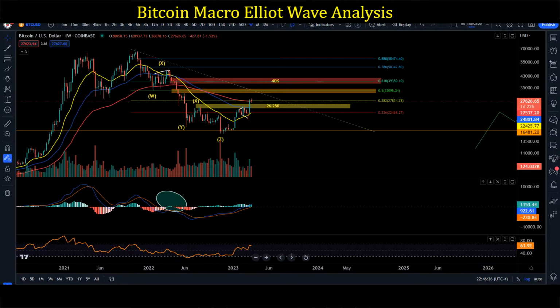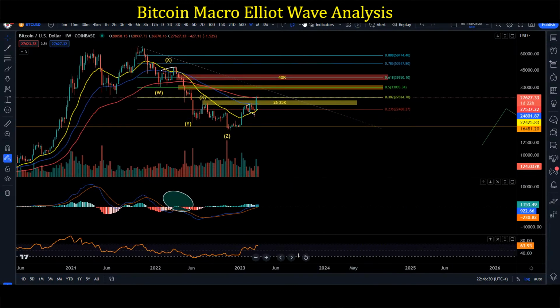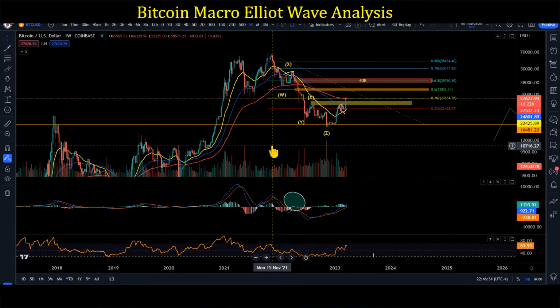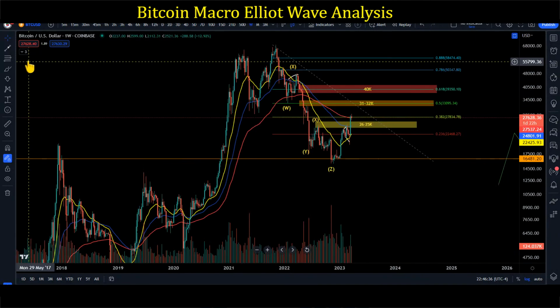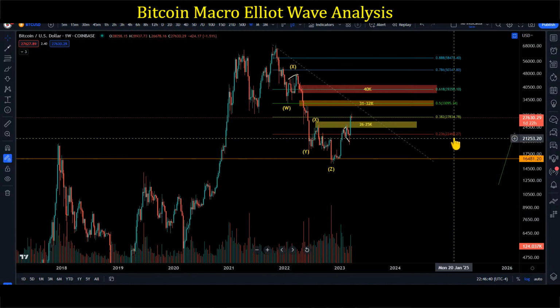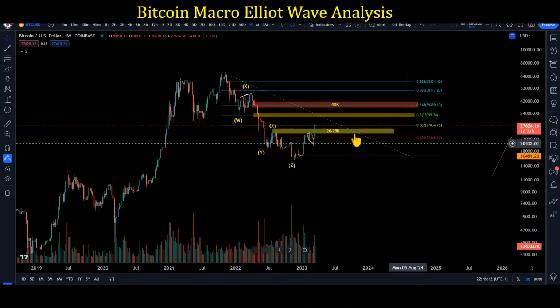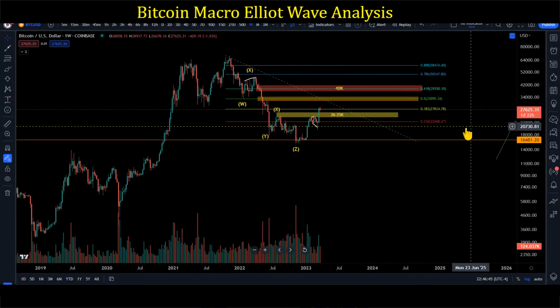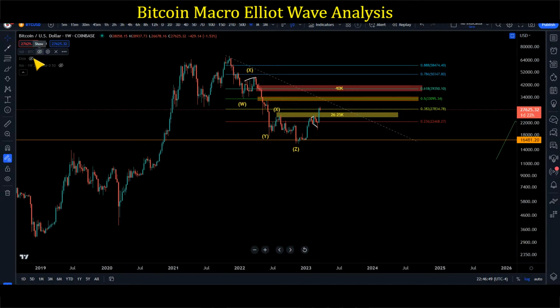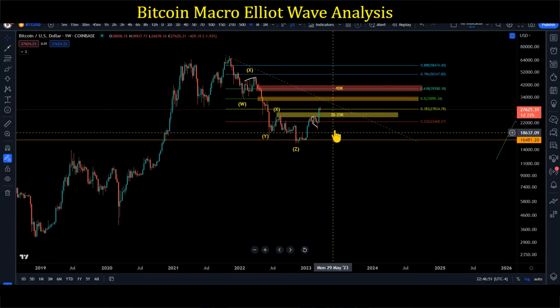So let's dive into the wave analysis before we talk about other types of analysis. When we take a look at BTC on the macro level, starting on a weekly basis, we discuss our 5 wave structure to the downside, not in terms of 5 waves in numbers, but 5 waves in letters.